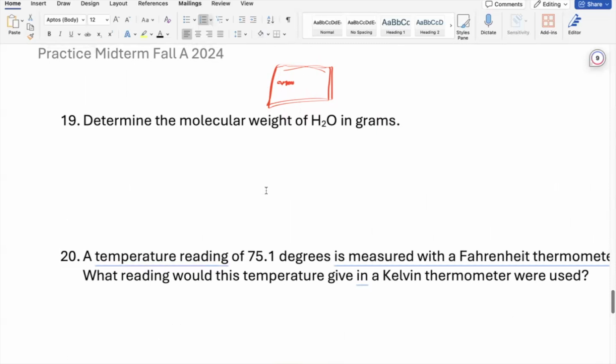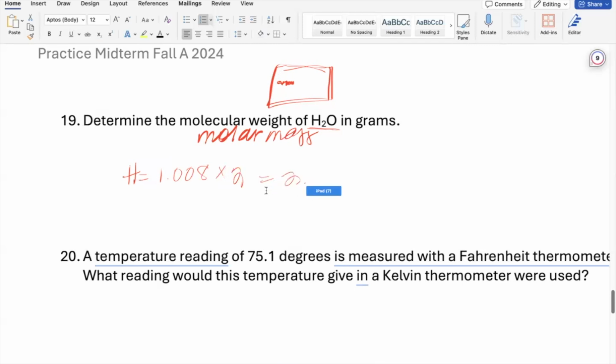All right, so determine the molecular weight. So this is the same thing as molar mass. And so again, you're going to need this skill for a lot of different questions, but of course they'd like to ask a standalone question of this. So how do we calculate the molar mass? All right. So we add together all the individual molar masses to get it for the entire compound. So hydrogen, if we go to the periodic table, is 1.008 times 2, because there's 2 of them.